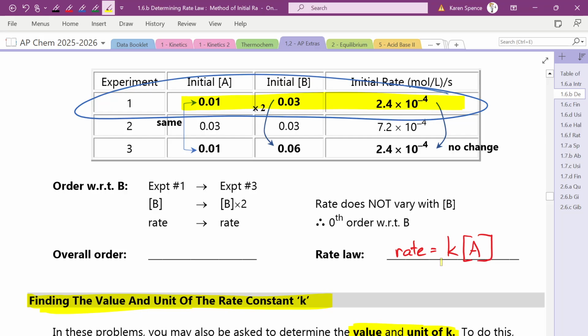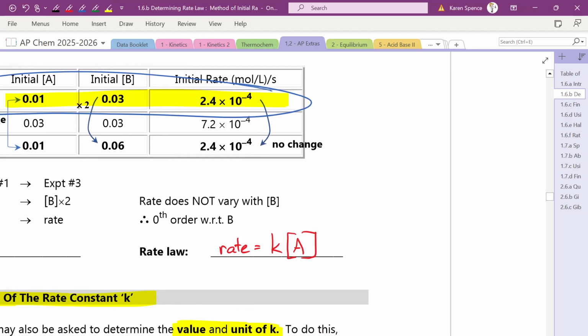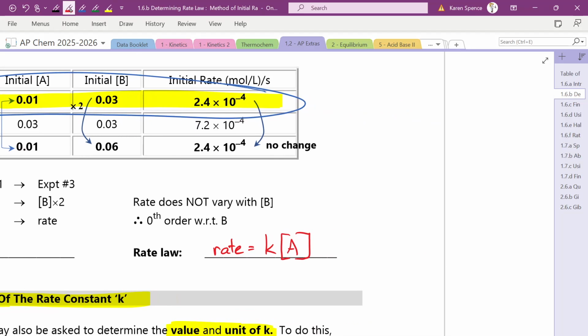So we're going to solve for K. K is equal to rate divided by concentration of A. And then we're going to plug in the rate, which is 2.4 times 10 to the negative 4.